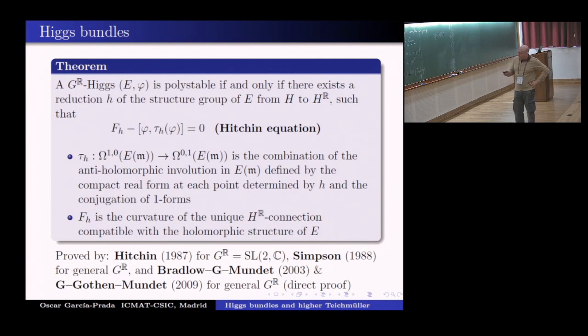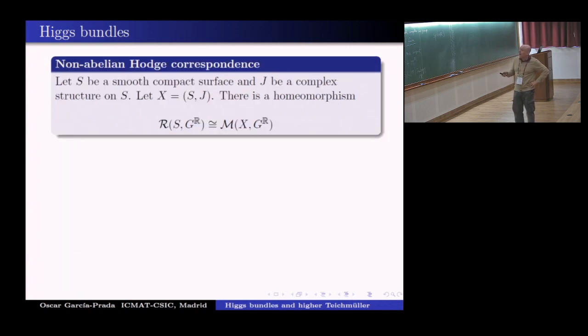Now, precisely. So this is now coming back to the relation of this moduli space of Higgs bundles for the group GR and the character variety that I defined at the beginning.